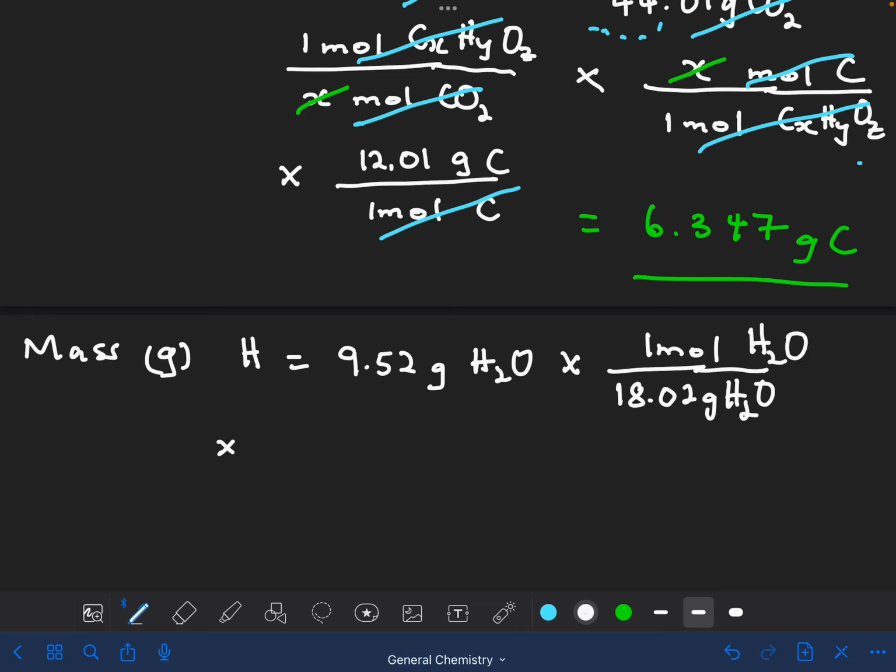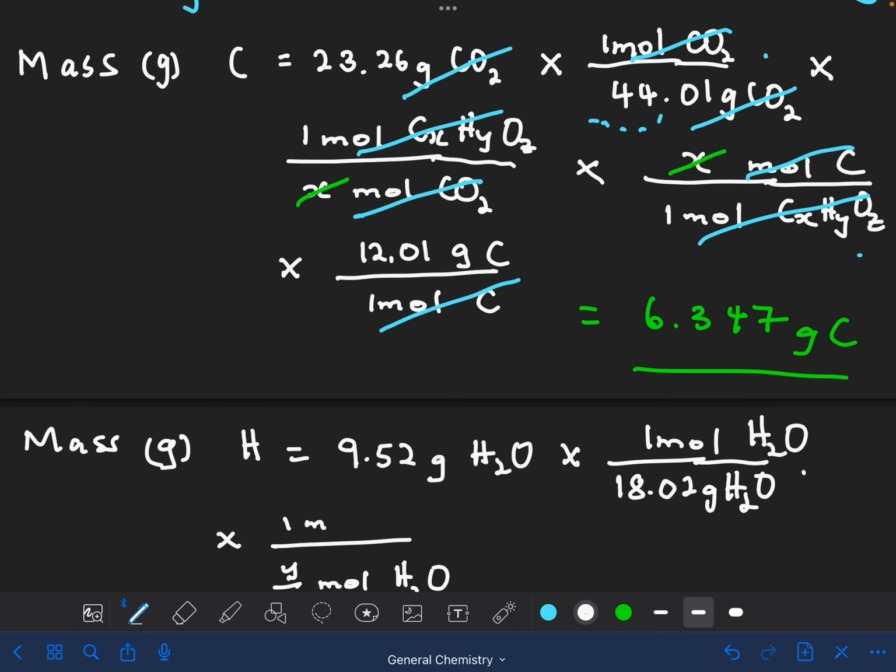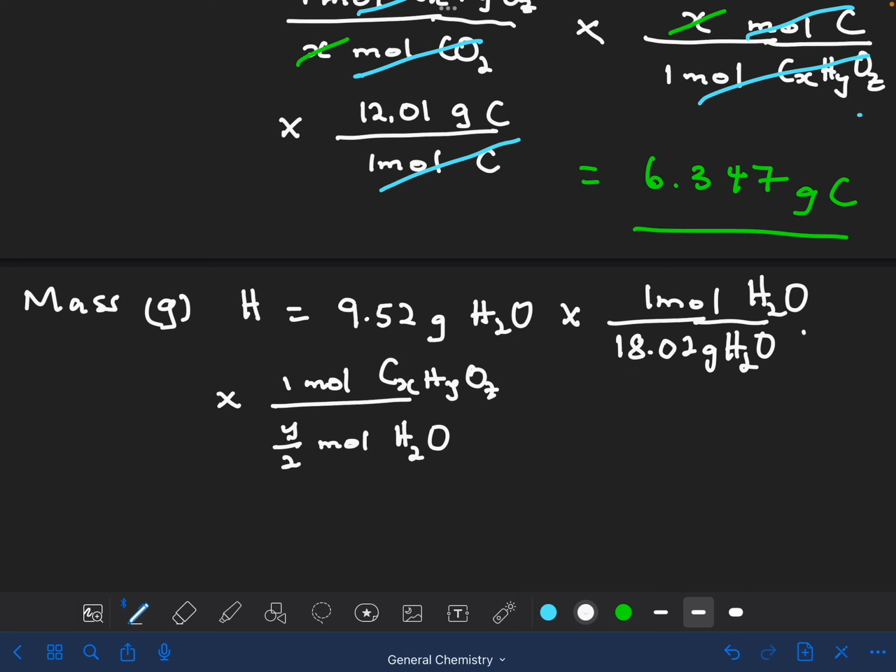We are going to multiply that. Up to this point, we're going to get the moles of water. And so for every Y over 2 moles of H2O, there is 1 mole of CxHyOz. Just be conscious of what is going to happen with that Y over 2, or that Y rather.